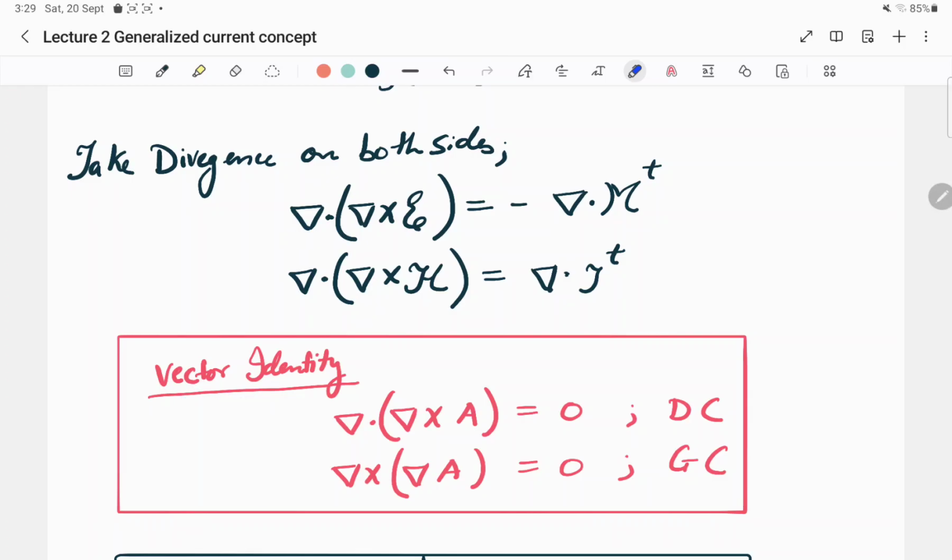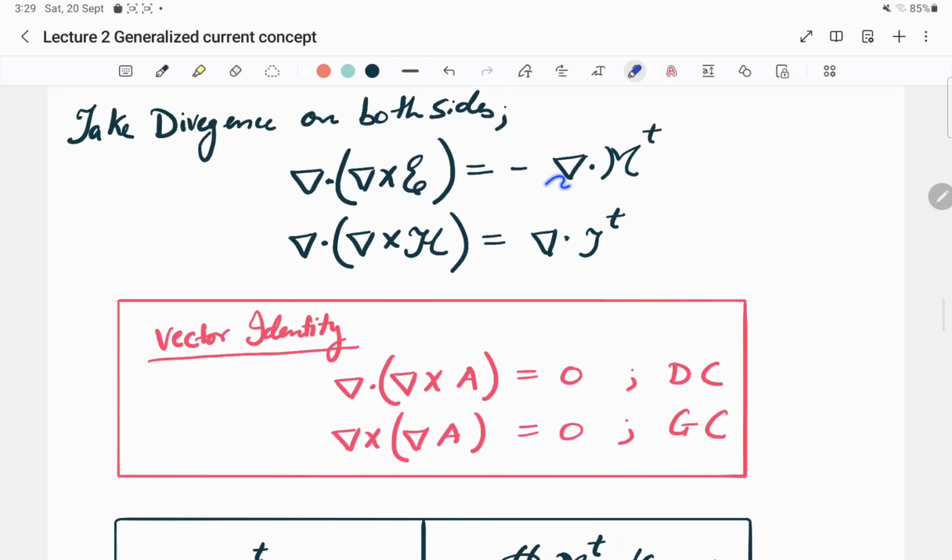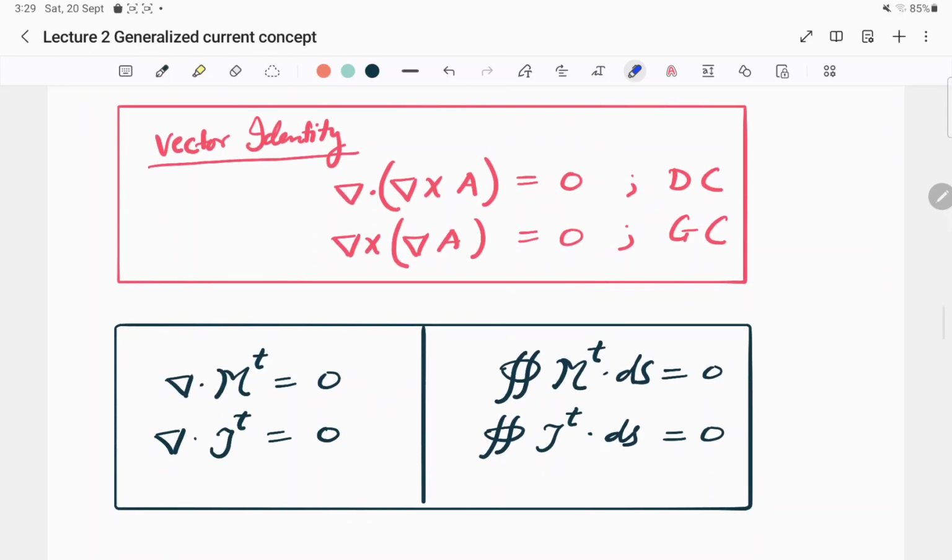So if you see in the left hand side, we have a divergence of a curl of electric field. So the left hand side should vanish. Therefore, we can write that the divergence del dot Mt and the divergence del dot Jt is equal to 0, which is written right over here.